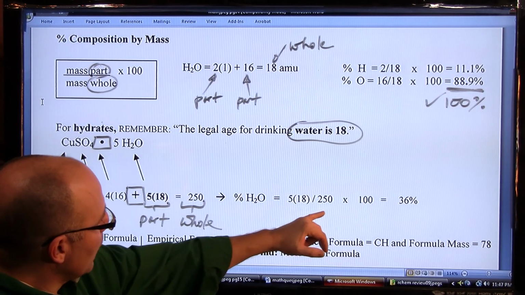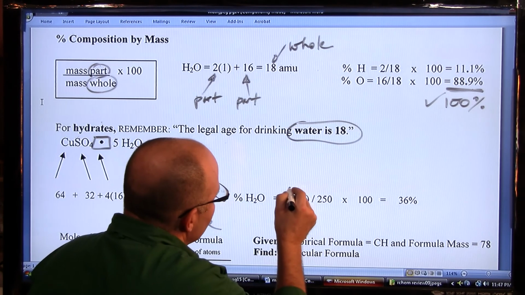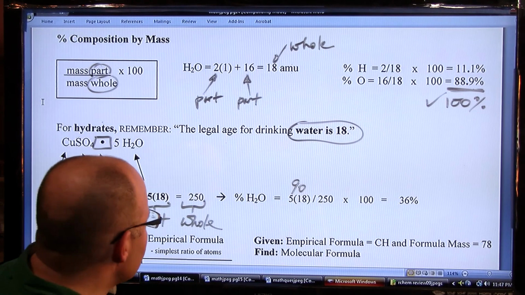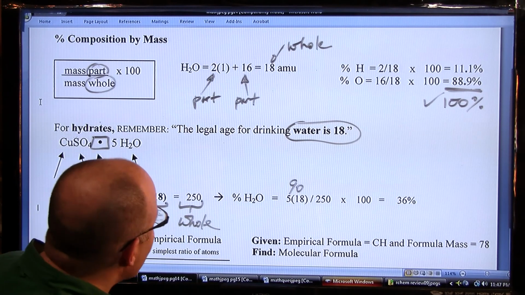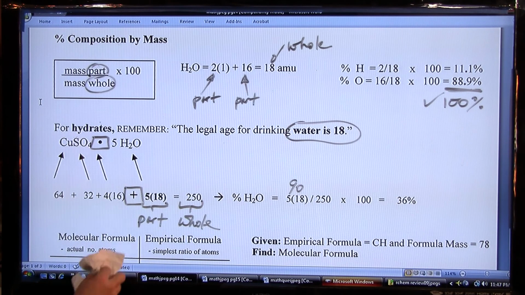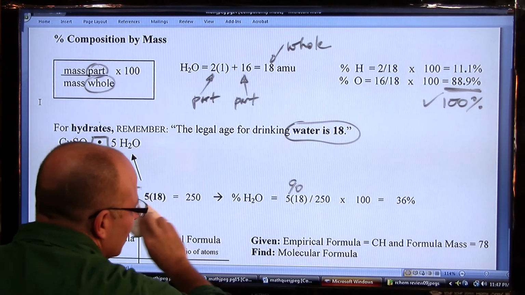So the part over the whole, 5 times 18 is 90, over 250 times 100 is 36%. All right? That's about as hard as the percent composition gets.